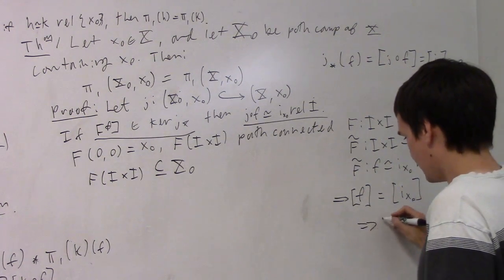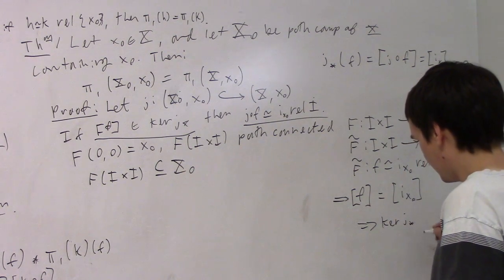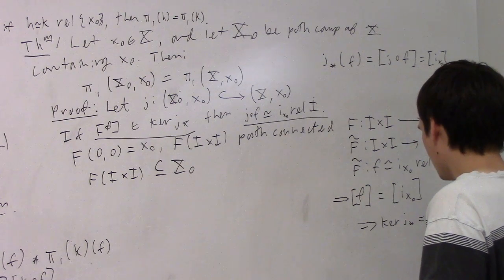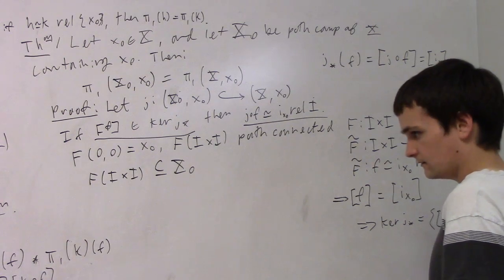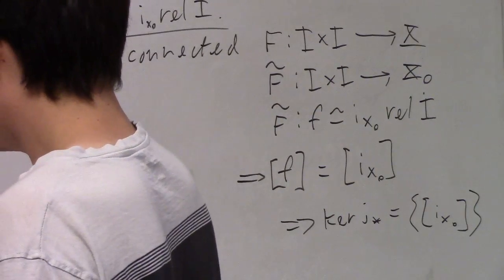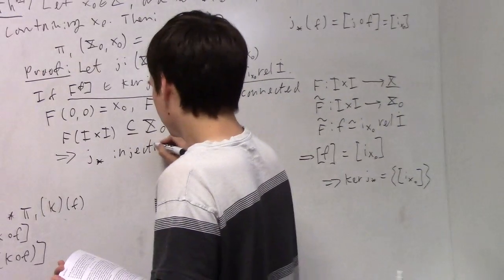So that implies that the kernel of the induced map of J is just the path class of I sub x naught, which then implies that this is injective.